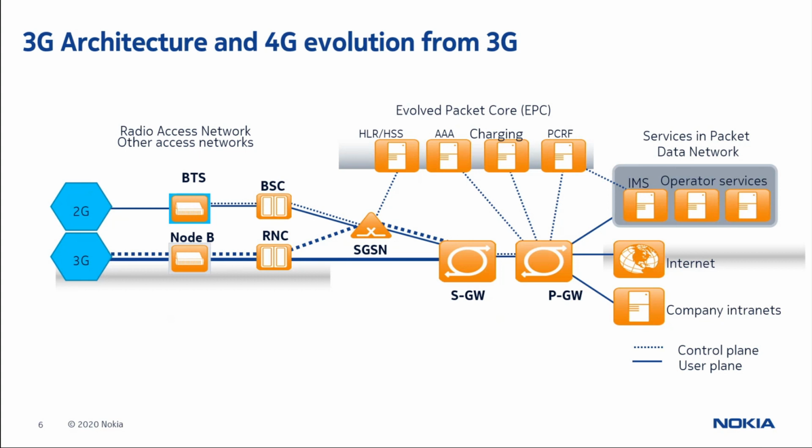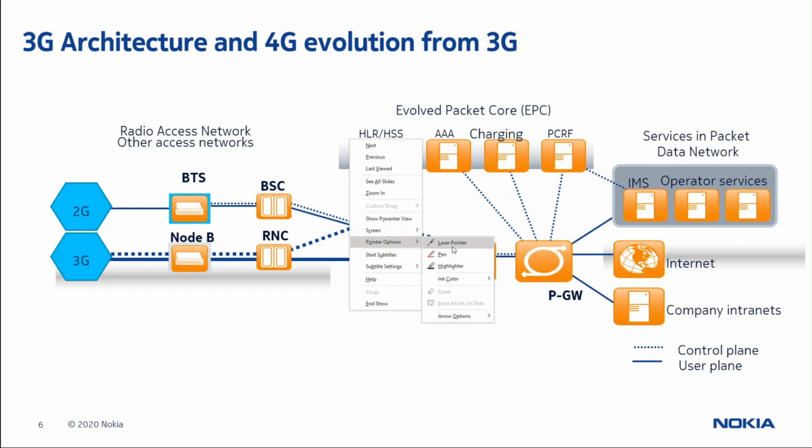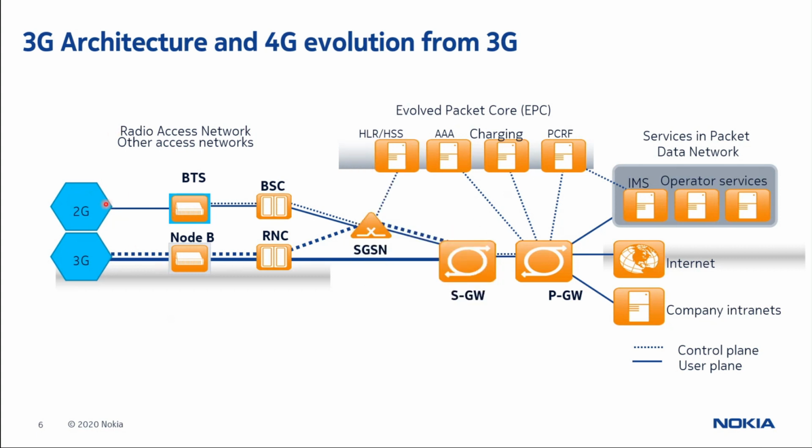What you can see on the screen right now is an end-to-end network architecture. Let me use a pointer here. What you can see here is an end-to-end network architecture. You might be wondering where 4G is here. I will come to that in a minute.